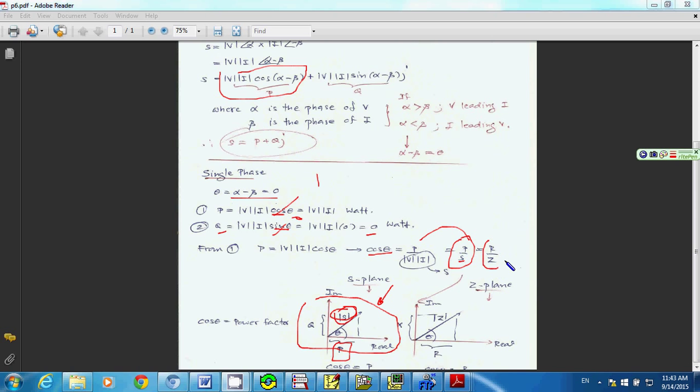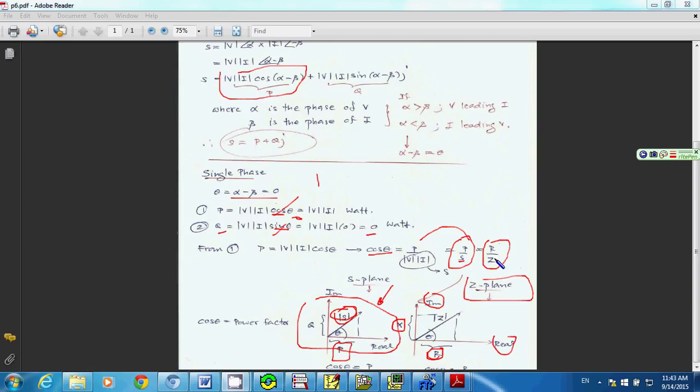What about R over Z? Well, you take a look at the Z plane here. As I defined, you have the real part and imaginary part. The real part is resistance, right? The imaginary part is what? Reactance, right? X. And you want to find cosine theta, simply divide R by the magnitude of Z, or the magnitude of your impedance.